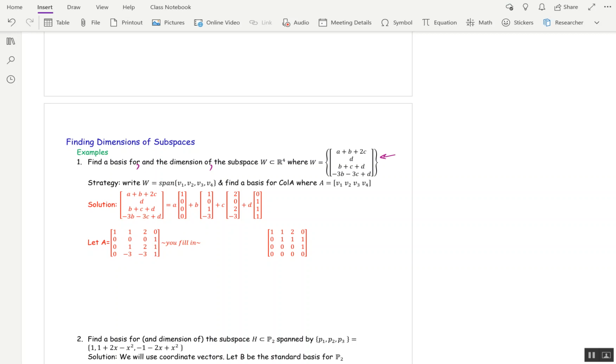Our strategy is going to be to find 4 vectors such that W is the span of those 4 vectors, put those vectors into a matrix, and find a basis for col A, because col A is the span of the columns of A. So I've already started us off. I took the given vector and separated it out into its a vector, its b vector, its c vector, and its d vector. And so this would be my v1, v2, v3, and v4.